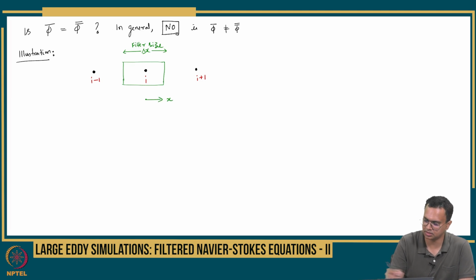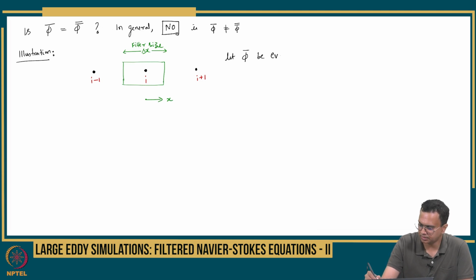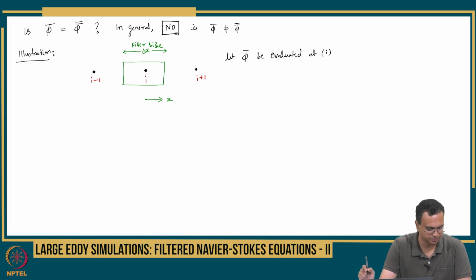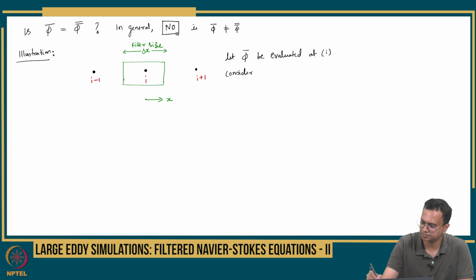So let's call this phi bar being evaluated at node I. I am considering a 1D filtering operation, and also a homogeneous filter.